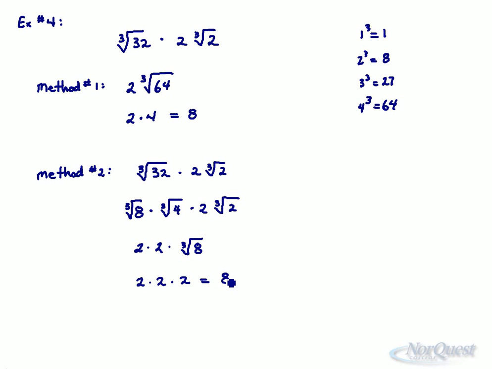Now, the only reason why method 1 tends to be a little quicker this time is because those two multiplied to a perfect cube. Had they not, then method 2 would be the way you'd probably attack this. Simplify, multiply, simplify, so that you could save yourself from having to work with great big numbers. If there were 3 or 4 expressions to multiply, you could get to a really big radicand, and the bigger the radicand, the harder it is to simplify.